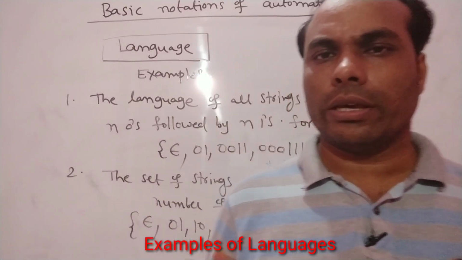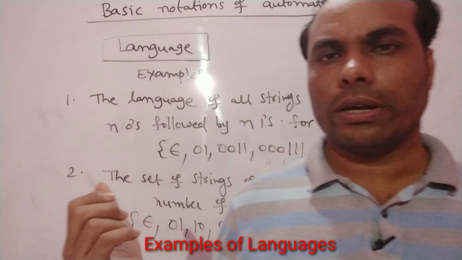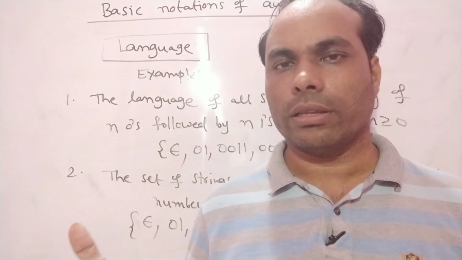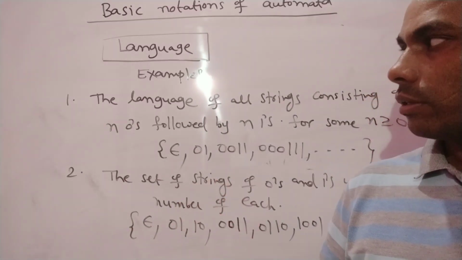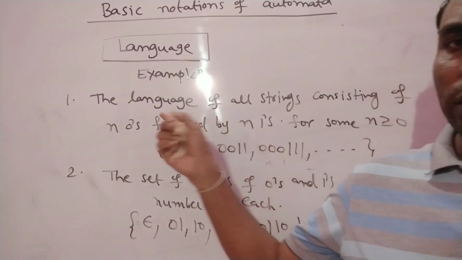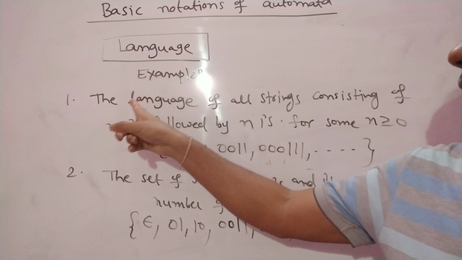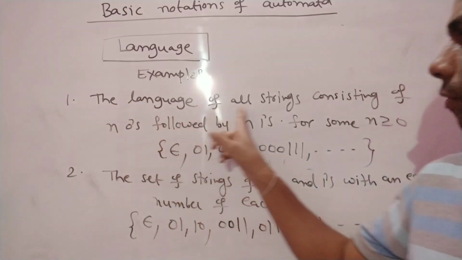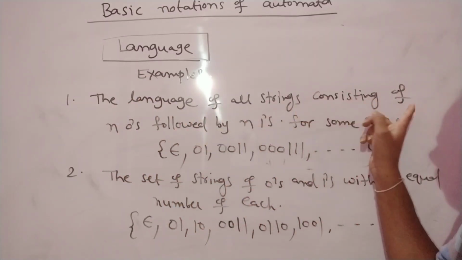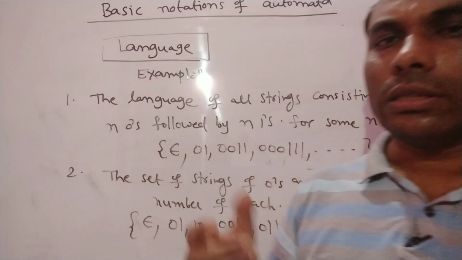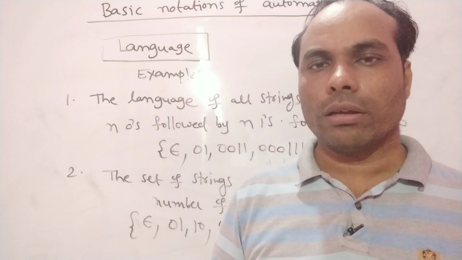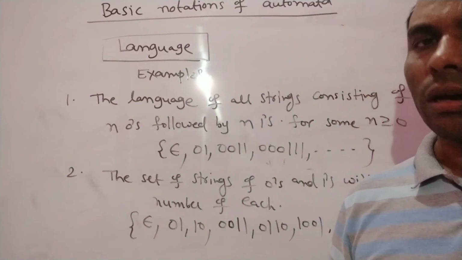Here, just now I defined the language definition in the theory of automata. So I am giving two different examples based on the definition. See here, the first one, the language of all strings consisting of n zeros followed by n ones. So this is the set of strings you are going to generate. The number of zeros and number of ones are n.